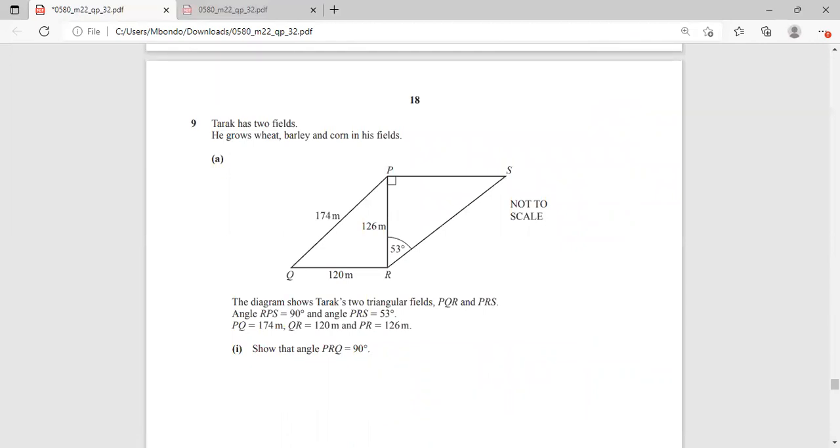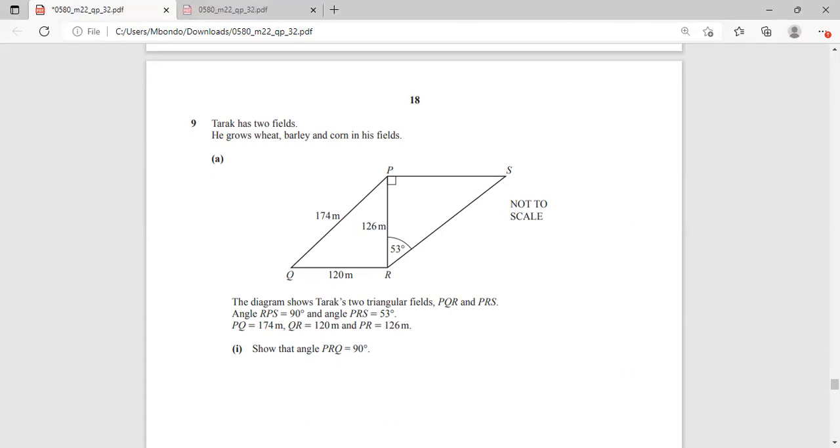Okay, then we have question 9. Taraki has 2 fields. He grows wheat, barley, and corn in his field. The diagram shows Taraki's 2 triangular fields, that is PQR and PRS.